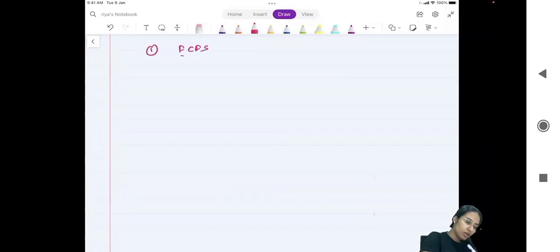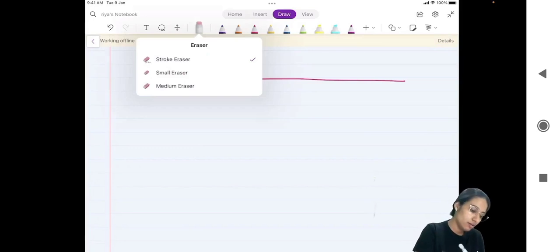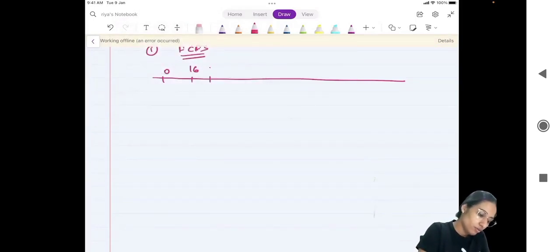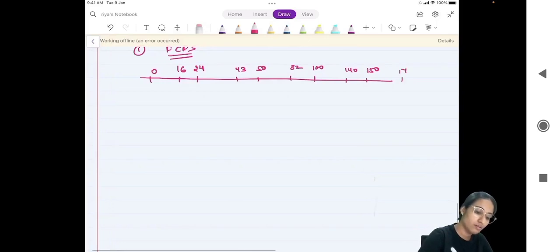Let me show you another example for first come first serve. Let's say here we have 0, 16, 24, and I'm just taking random numbers like 43, 50, 82, 100, 140, 150, 170, 190, 199.